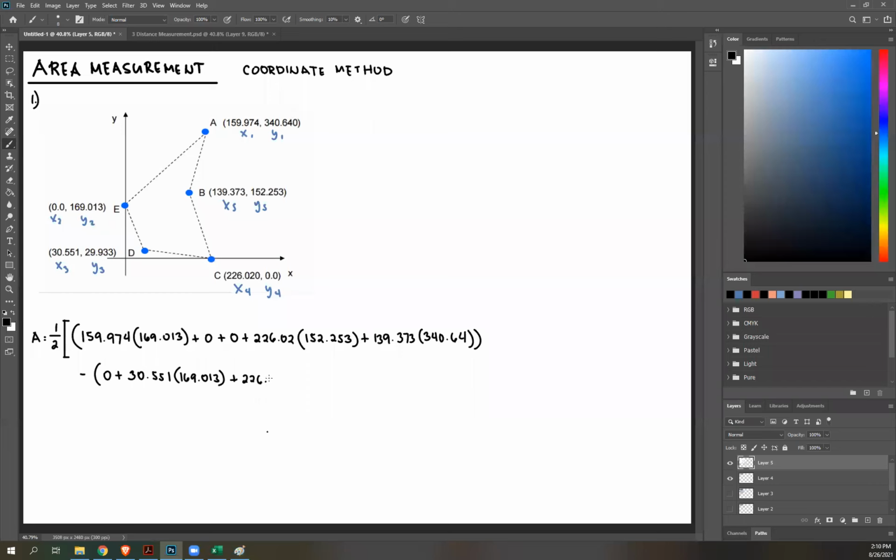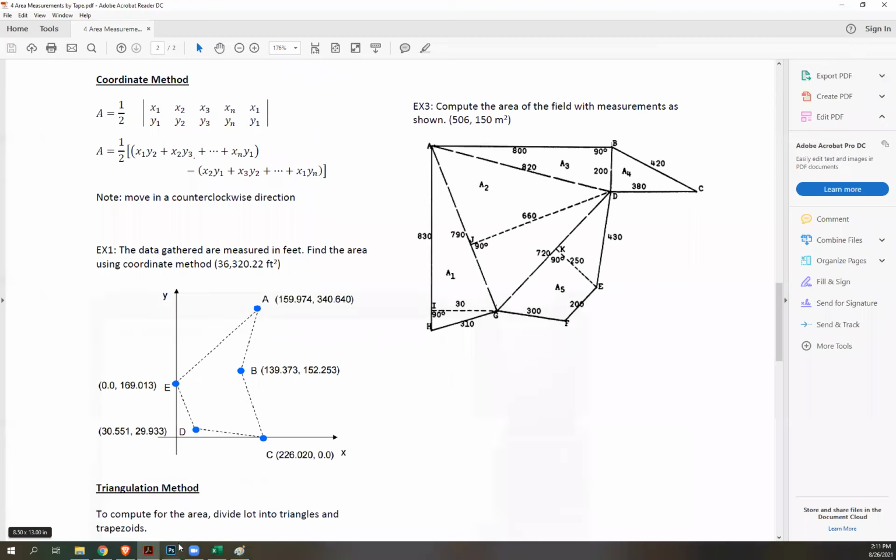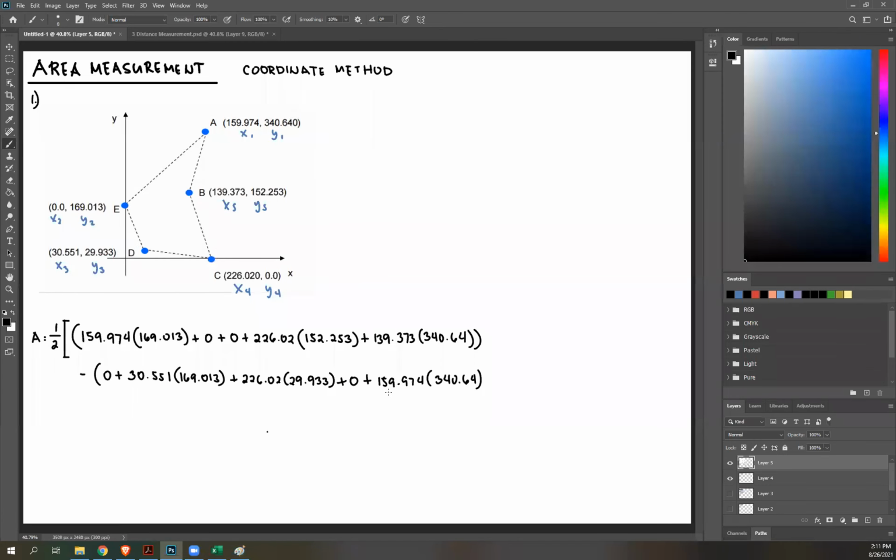So 226.02 times 29.933, and then plus x5, y4, which is again 0, and then plus x1, y5, 159 times 340.64. Again, let's check, is that the last one? So yeah, it's x1 times yn. So x1 times y5. And that's it.